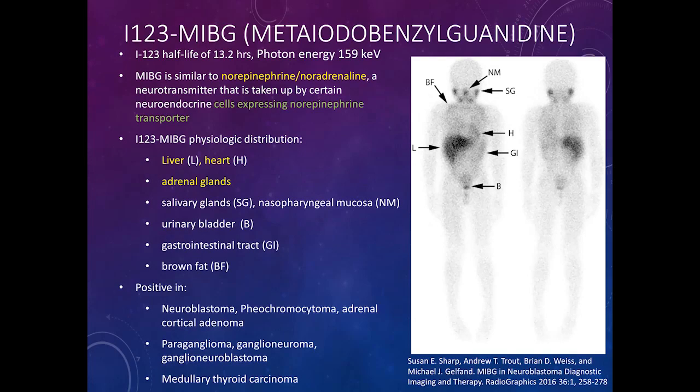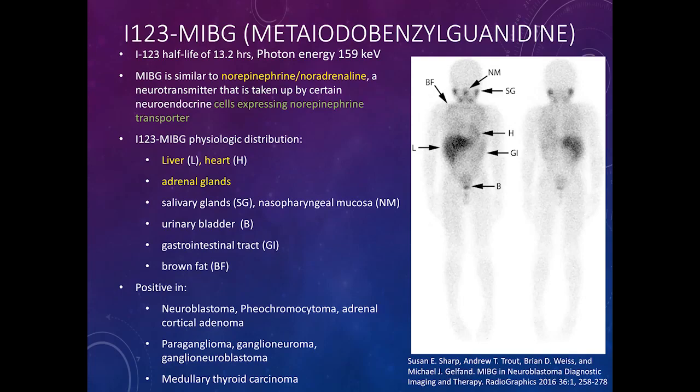This radiotracer is used for imaging tumors overexpressing norepinephrine transporter on their cells. These include neuroblastoma, pheochromocytoma, and adrenal cortical adenoma can show increased uptake of this radiotracer. Also, tumors that may show uptake of MIBG would be paraganglioma, ganglioneuroma, ganglioneuroblastoma, and medullary thyroid cancer.